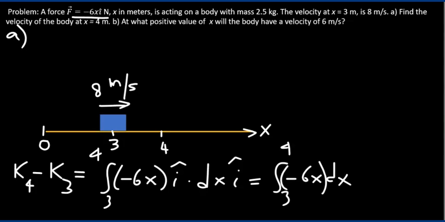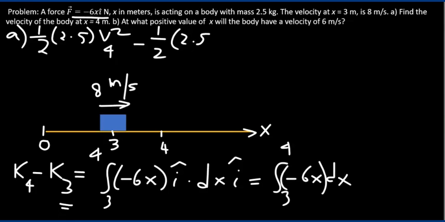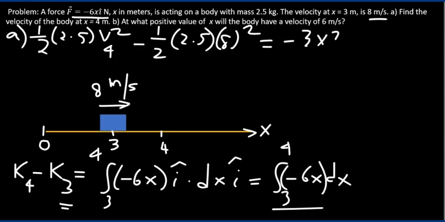Note that the kinetic energy at x equals 4, you can simply write as half, the mass is 2.5 kg, the speed is what we want to determine, so we have v4 squared. Subtract the kinetic energy at x equals 3, again half, mass 2.5, and the speed we know is 8 meters per second. So 8 squared, that's 64, equals this entire integral. When you integrate minus 6x, you get minus 3x squared.